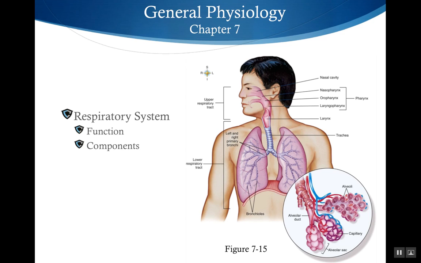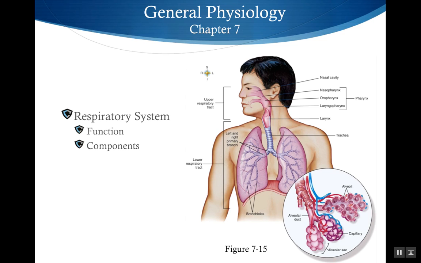After the larynx, the air then continues to the trachea, which extends from the neck into the chest. Okay, so you can see the larynx here, and then the trachea extends into the chest. It's located just anterior to the esophagus, and you can feel that by palpating the anterior portion of your neck.